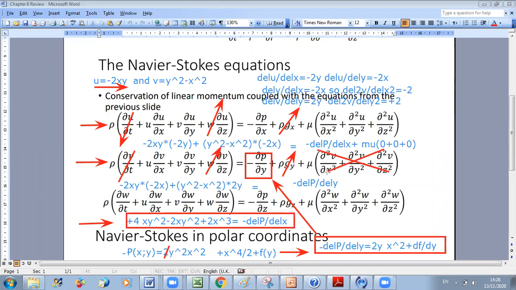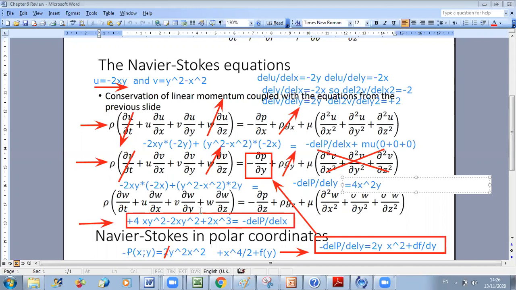So I can deduce that what is del p by del y? So minus del p by del y is equal to the following. Here, if I do expansion, I get minus 4 x square y, so plus 4x square y, because there is a minus outside and inside.